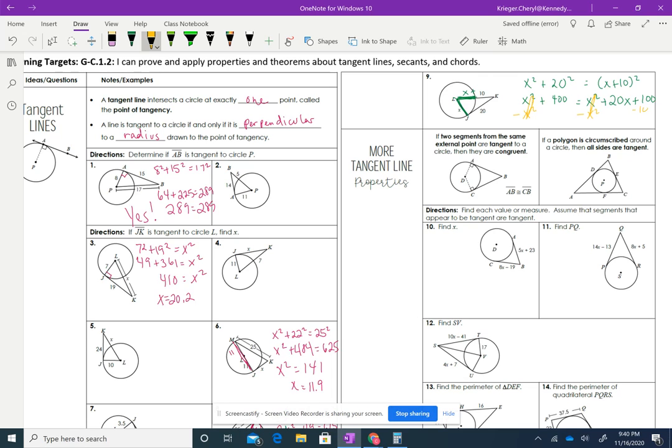I'll also subtract 100 on both sides. So now I'm left with 20x on the right and 300 on the left. 300 divided by 20 is the same thing as 30 divided by 2. So that would give me x equals 15.